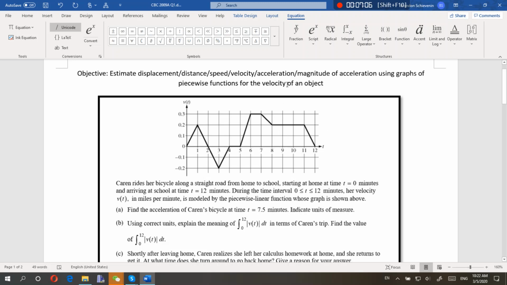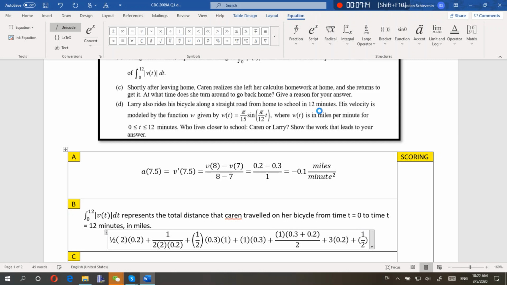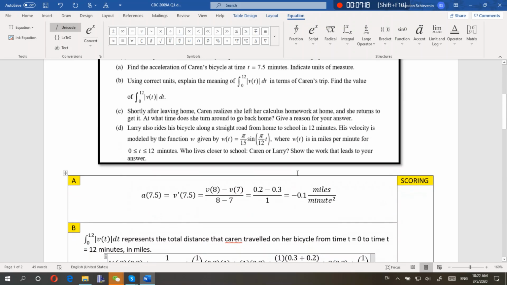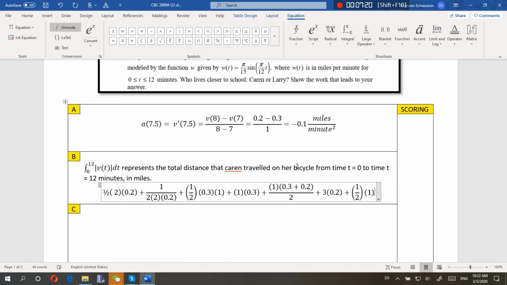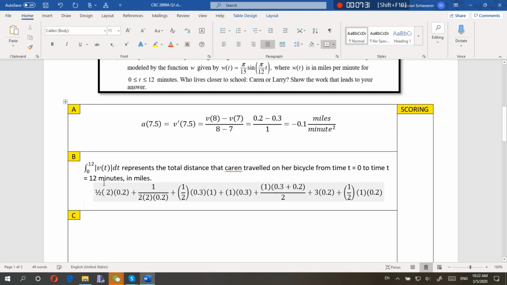Okay, so you said 3 times 0.2 plus 1/2 times 1 times 0.2. Okay. So I'm going to do this and add everything together.